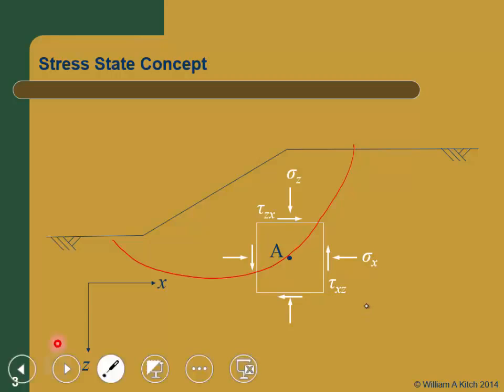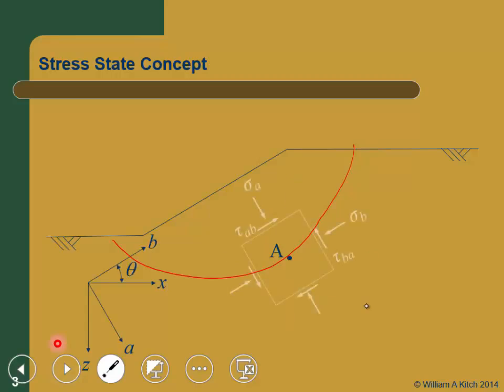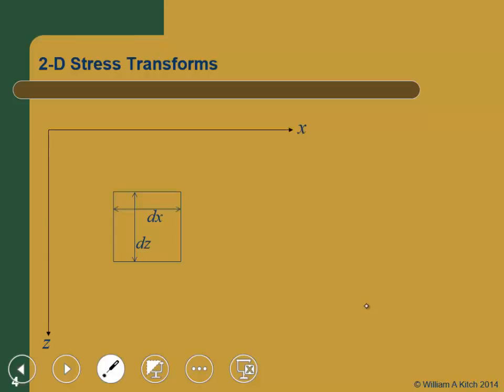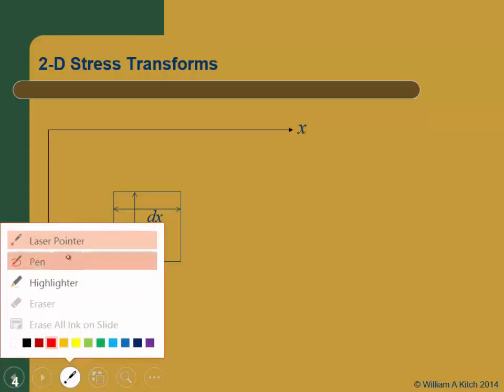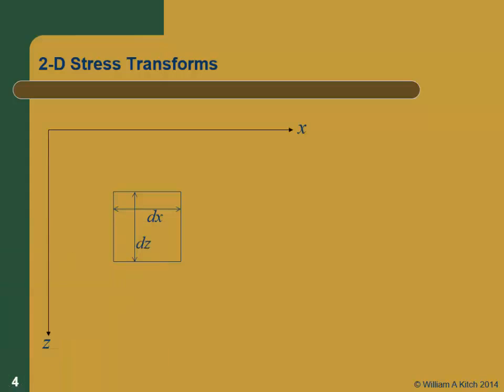So that brings us up to the topic of stress transforms. We need to be able to transform our state of stress from one system to another and get the equivalent numbers in a different orientation.